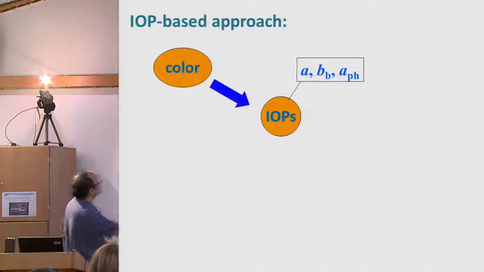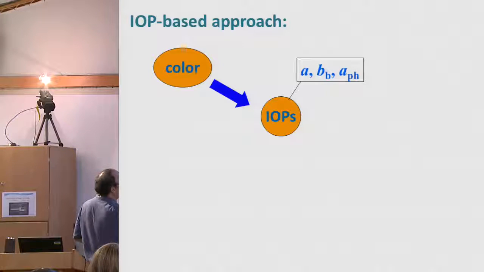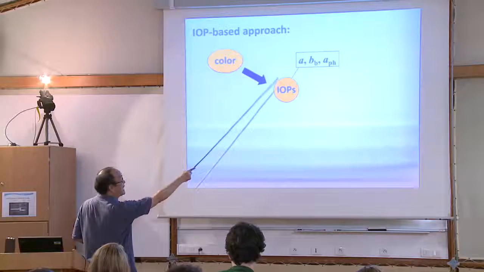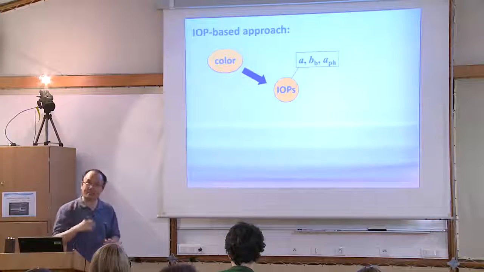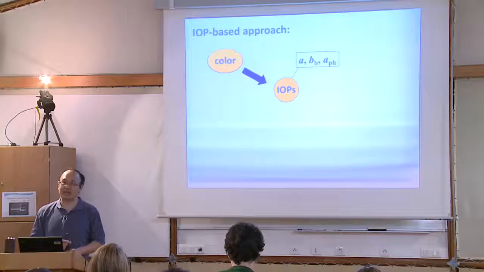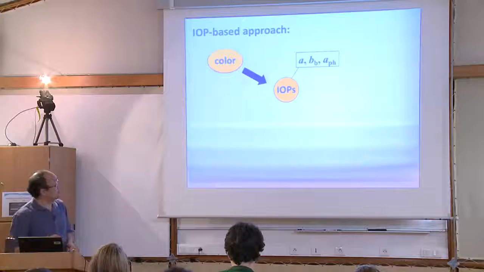So actually there's another system. We call it the IOP-centered system. From ocean color, the remote sensing reflectance spectrum, I get IOPs. These IOPs include A, BB, APH, as I just discussed with you guys moments ago.